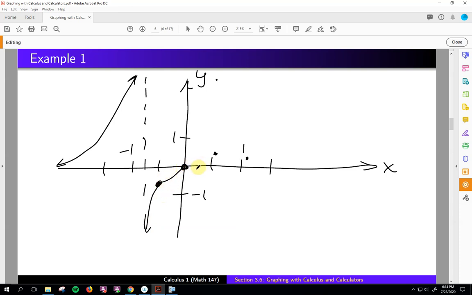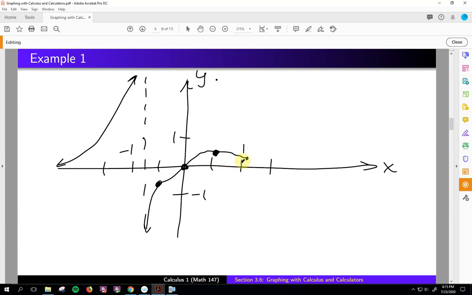Still increasing, but changes to concave down up to this maximum. Then it stays concave down but decreases. It's a little bit hard to draw. And then it switches to concave up but decreases.